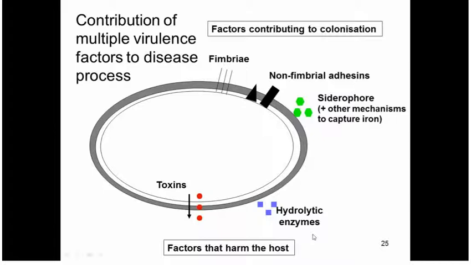Each one of these systems is going to be several genes working together. For an AB toxin, you need at least 2 different genes, one coding for A, one coding for B. For a siderophore, you need maybe 2 enzymes producing the siderophore and a receptor. So you have several genes and they all have to be expressed together.